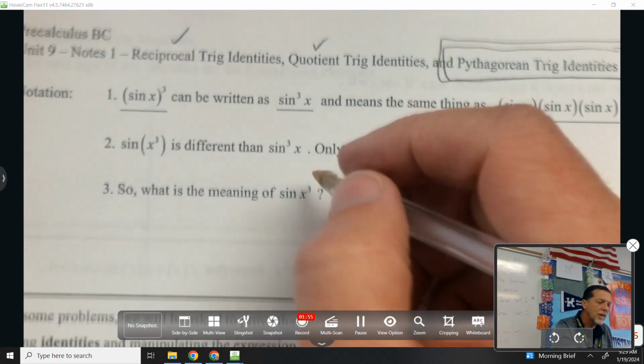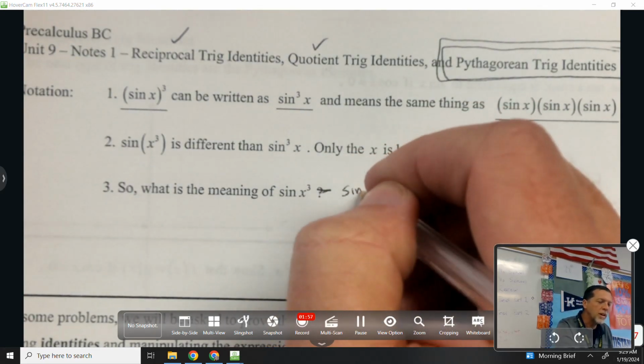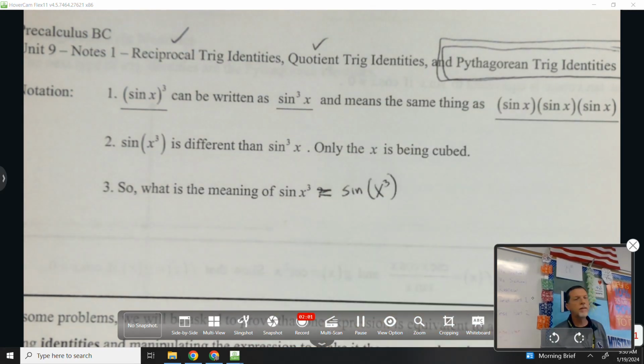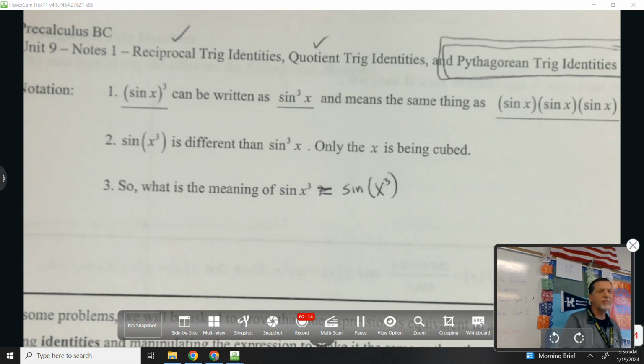There aren't, but that's the same thing as just cubing the x and then taking the sine. That's why we try not to write that, because it's a little unclear. But it has a definite answer, so it's not ambiguous. It's just confusing.